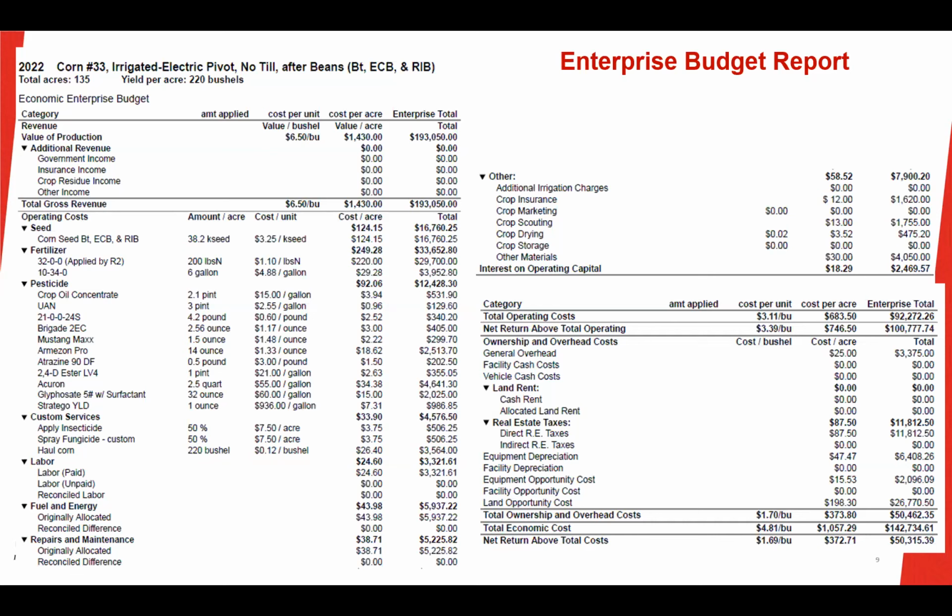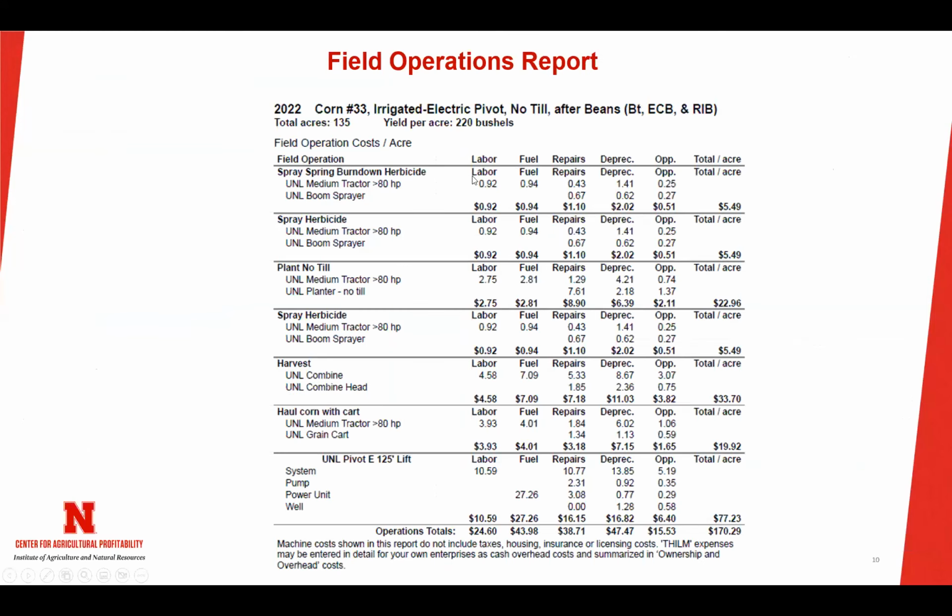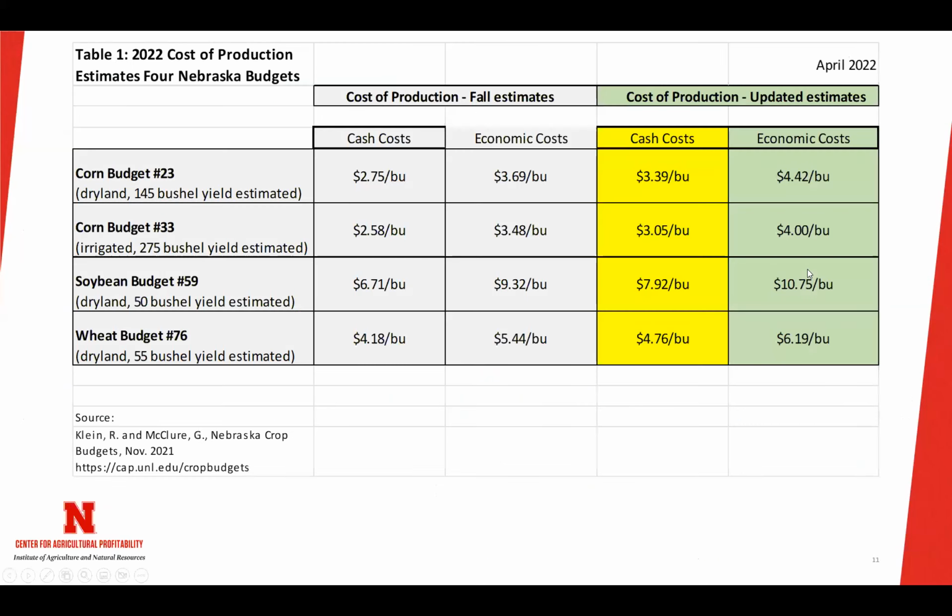You can look at break even and sensitivity. We've got those kinds of things built into the program. You might recognize this, very similar to the Excel budgets, but here's a report where you can look at each of those operations and the labor, fuel, repairs, depreciation, and opportunity costs, similar to what we showed you with the old file format.